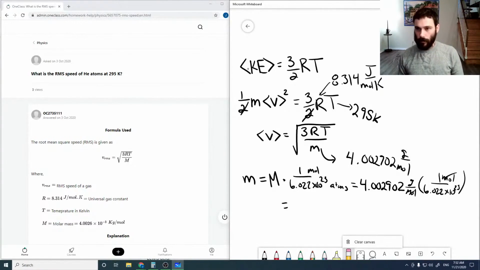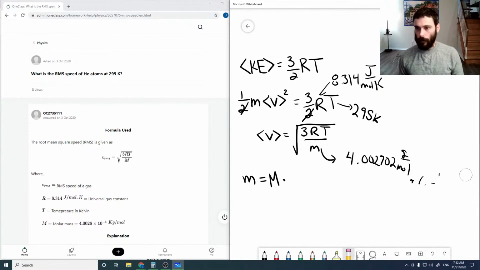I got carried away there. Since that's already in joules per mole Kelvin, we actually don't need to remove the mole. It's my mistake here. All right. But what we do need is, because joules are kilograms meters squared per second squared, we do need this in kilograms.